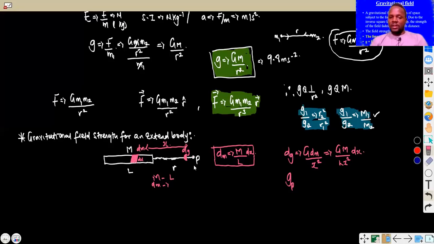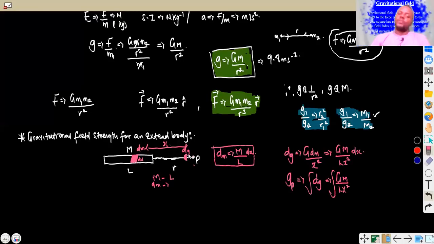The GP, gravitational force at P, is not GM by r squared. It will now be the integration of the elemental part we have taken, which is dg. So it will be the integration of GM over L x squared. We are taking the limits of integration from the beginning.